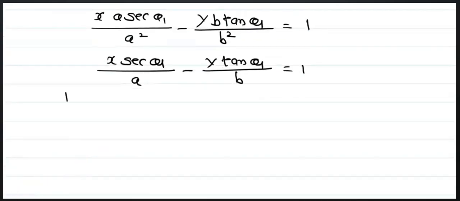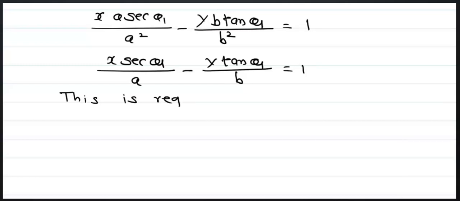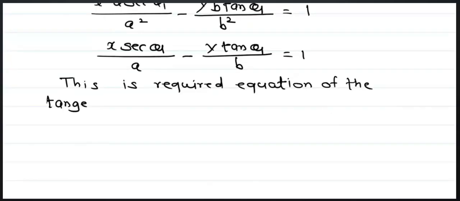After the cancellation, you will get x sec theta 1 upon a minus y tan theta 1 upon b is equal to 1. This is the equation of the tangent to the given curve at the point theta 1.